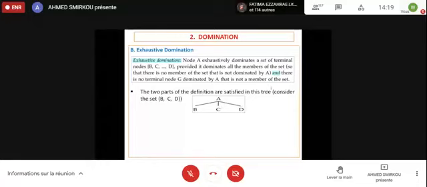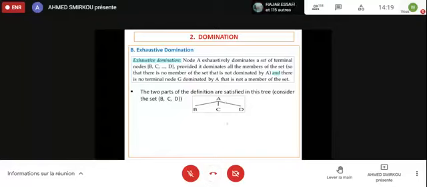Okay, we'll see an example. The second part of the definition says there is no terminal node, G, dominated by A that is not a member of the set. So the second problem is that you may have a node that is dominated by A and it's not a member of the set.